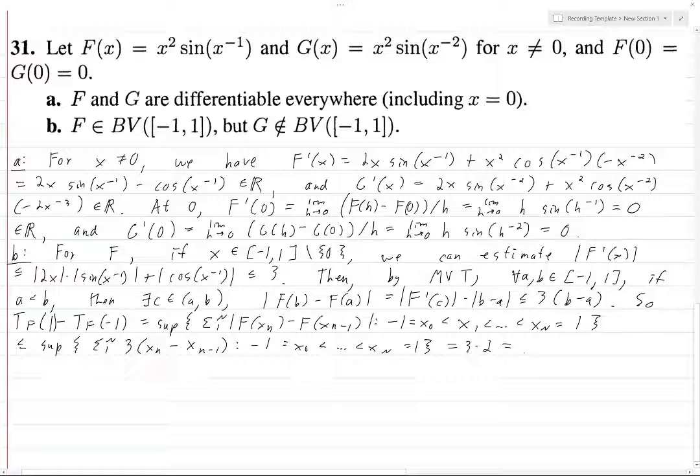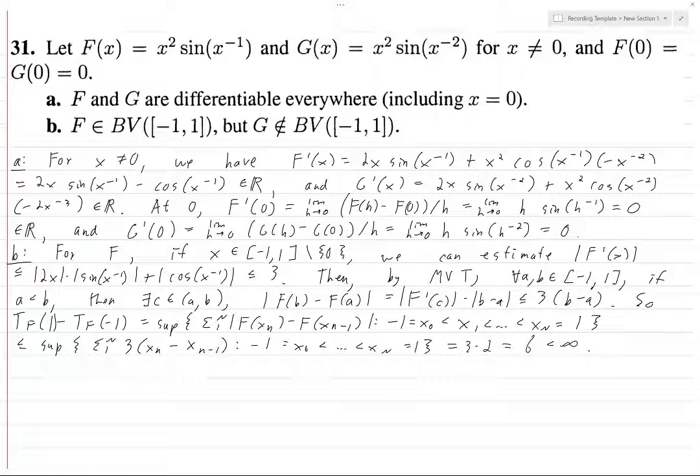Note that this argument that we used holds for x in [-1, 1] minus the point 0, but that really doesn't matter because that's just one point, and things don't behave badly there when we're doing these types of estimates.